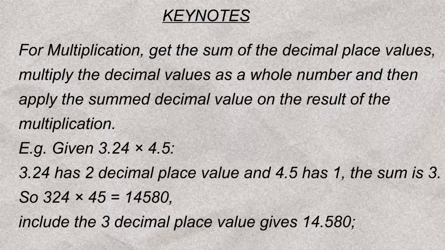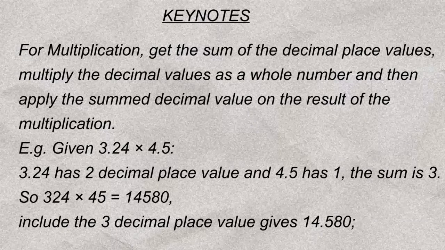For example, if we are given 3.24 times 4.5, you note that 3.24 has 2 decimal place values and 4.5 has 1. Now, the sum of these decimal place values will give you 3.